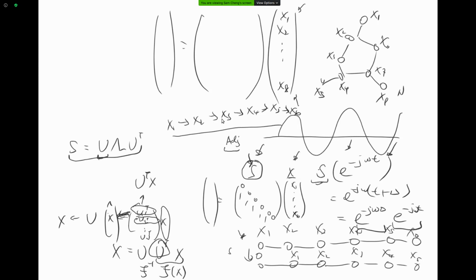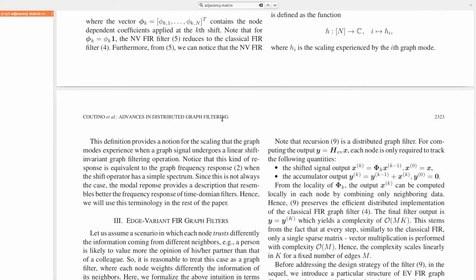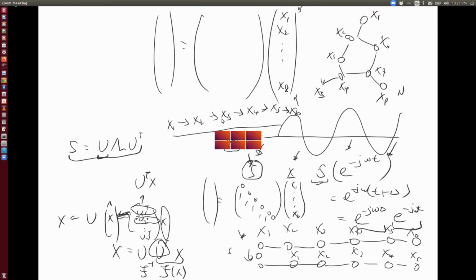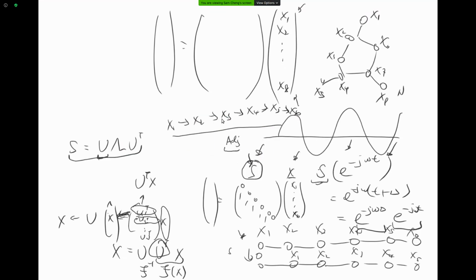What we didn't mention last time, and only briefly mentioned at the beginning, is this paper, which is about distributed graph filters. The distributed idea here is that we want to emphasize that the implementation is distributed, not implemented in a centralized manner.